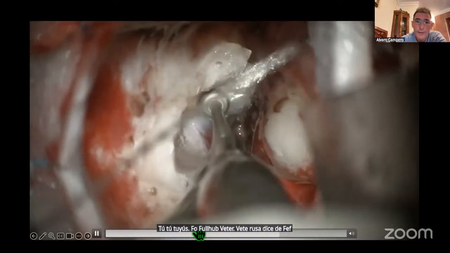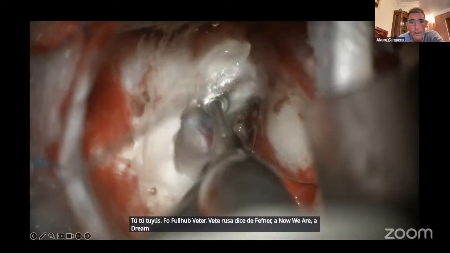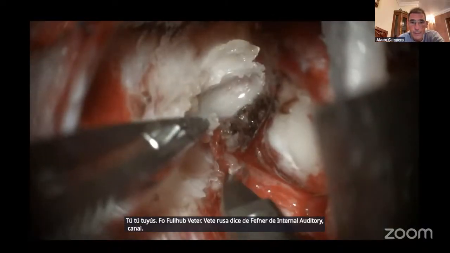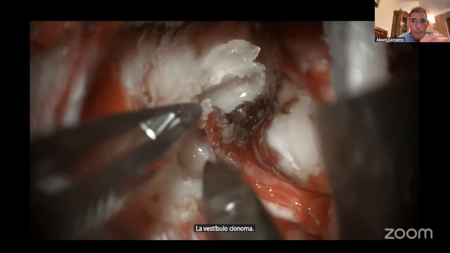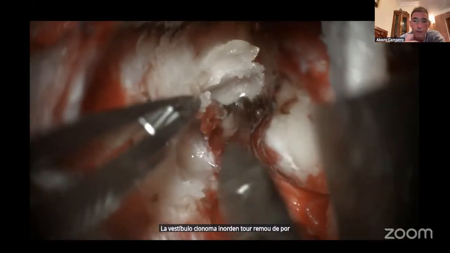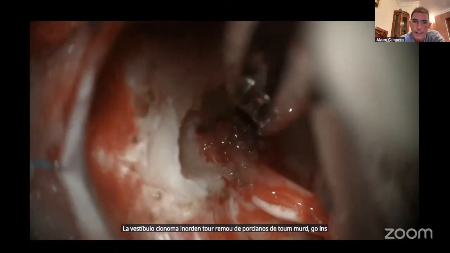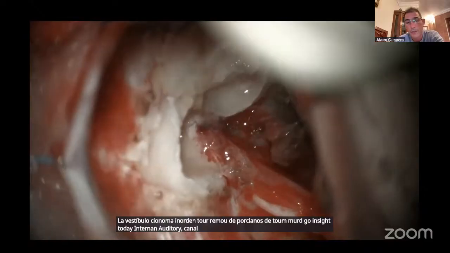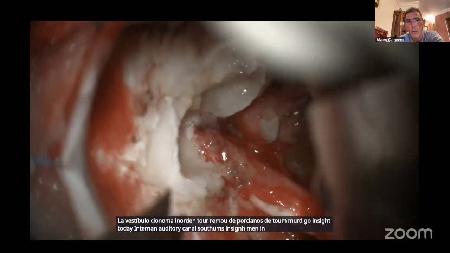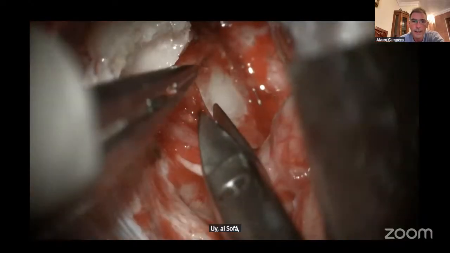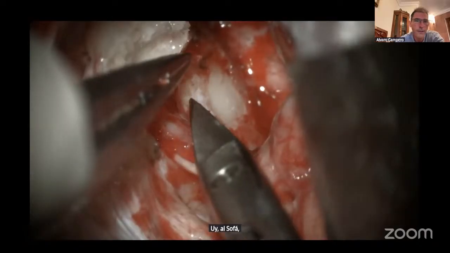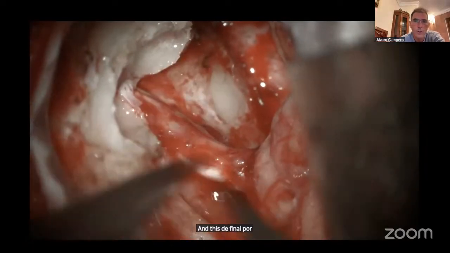And now we are drilling the internal auditory canal like in a vestibular schwannoma in order to remove the portion of the tumor that goes inside the internal auditory canal. So sometimes in some meningiomas, we also have to drill the meatus. And this is the final portion of the tumor, very small.